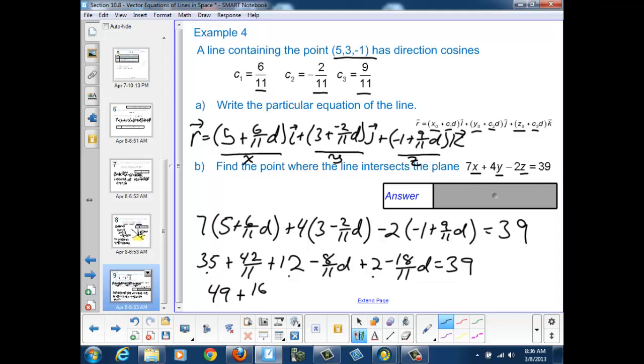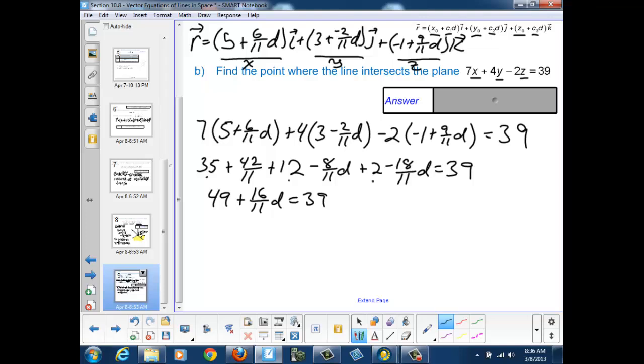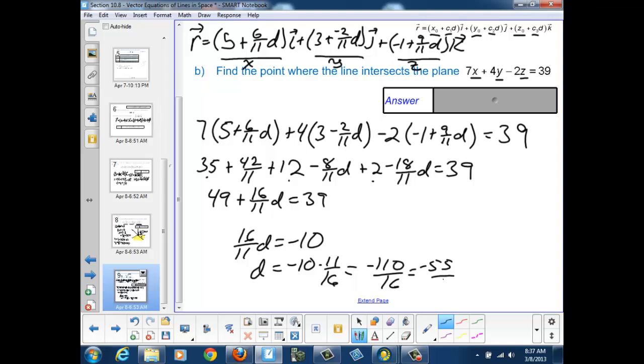So 16/11 d plus 49 equals 39. So 39 minus 49 is minus 10, and 16/11 d equals minus 10. And d would equal minus 10 times 11/16, which would be negative 110 sixteenths, or negative 55 eighths.